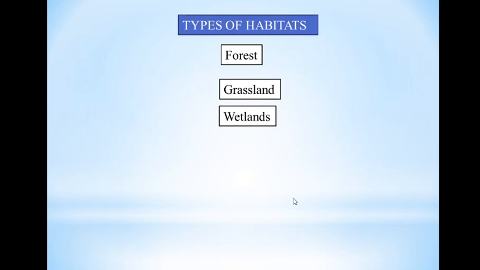Bogs are there, marshes are there, swamps are there. So the Amazon wetlands, that is marshes, where we see the anaconda snakes and various types of fishes and plants. They also give shelter to the birds.